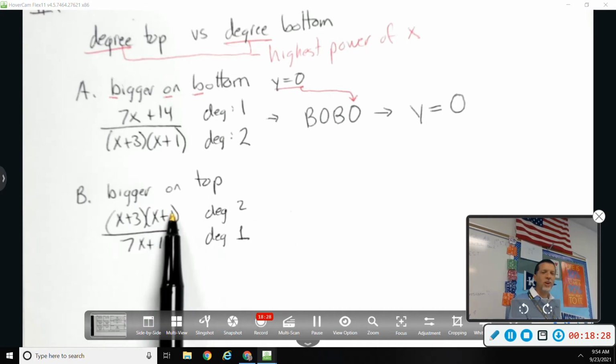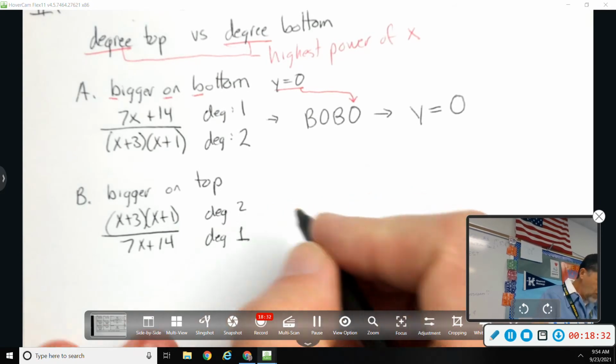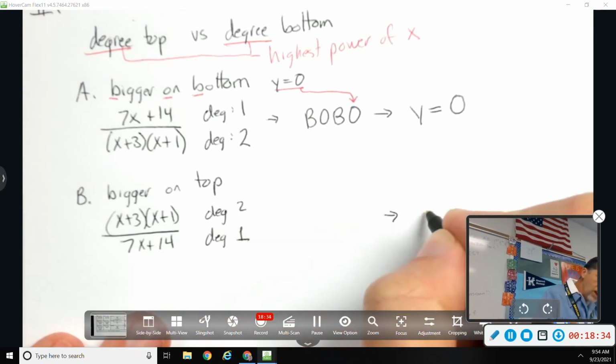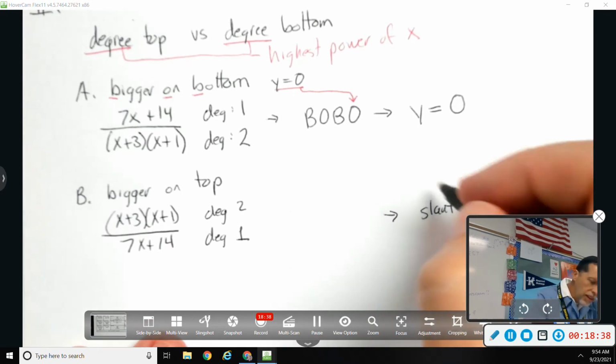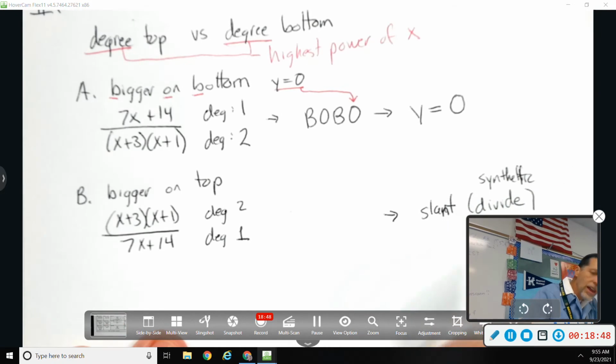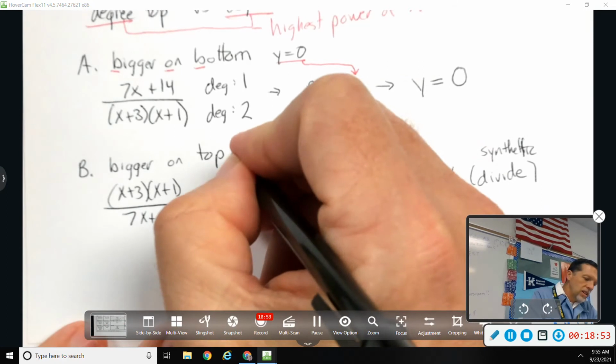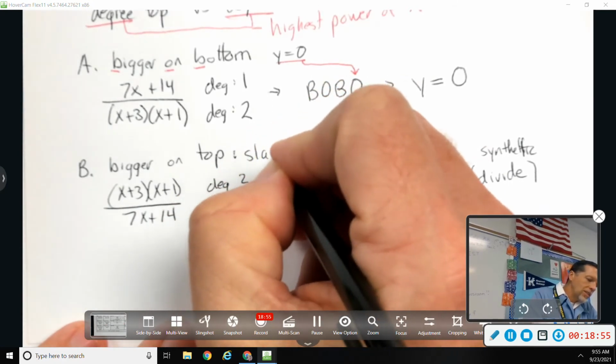This is our least favorite because this leads to a slant asymptote. And for a slant asymptote, we'll have to divide. And usually we can synthetic divide. So bigger on top means slant.